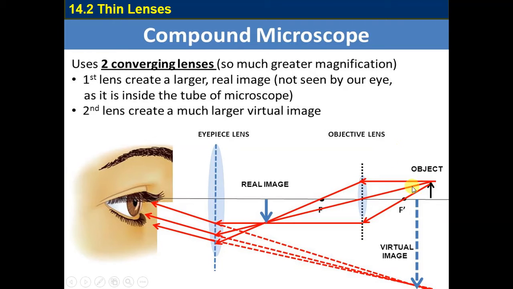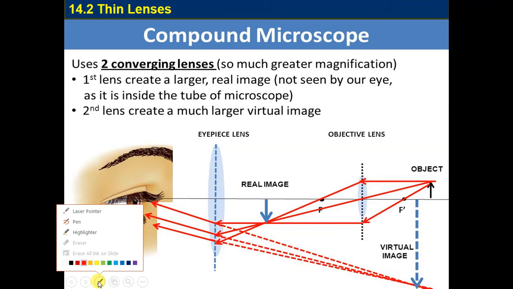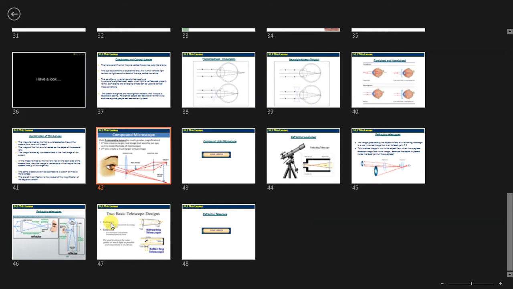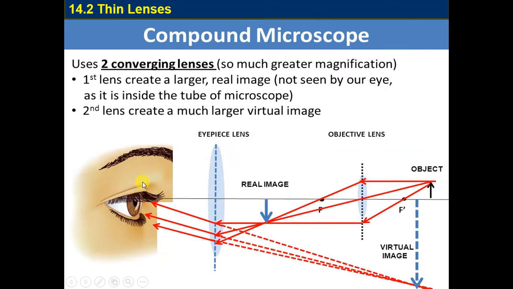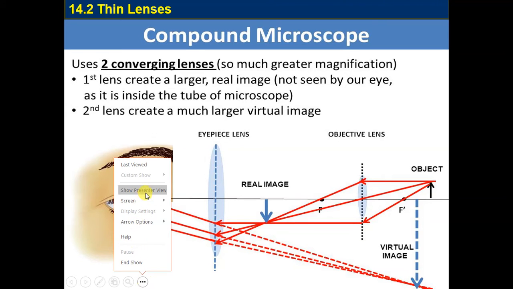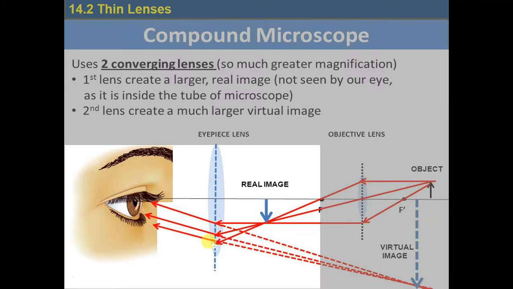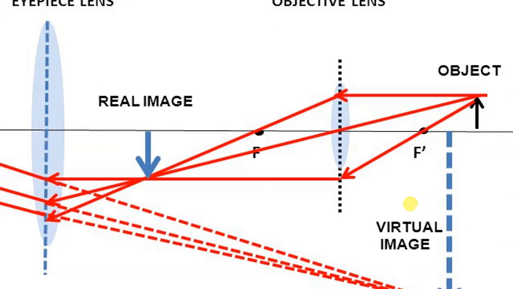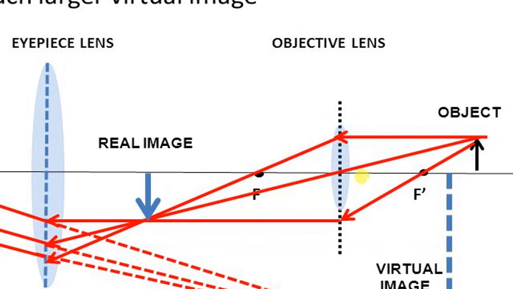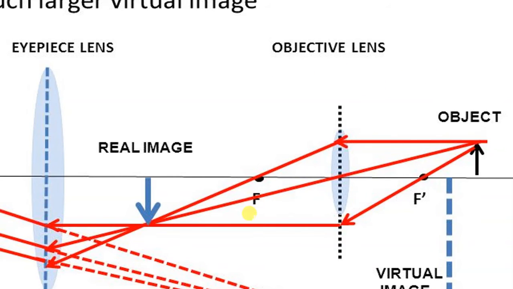Okay, so the rays coming from the object pass through the first lens. I want you to hide this part. So I will try to hold it. Okay, so first we will just talk about this part.